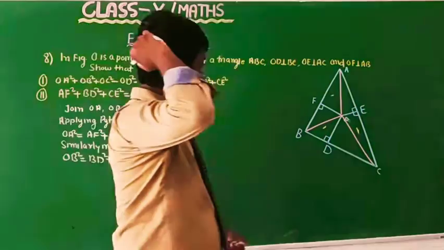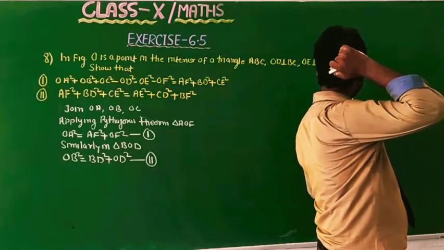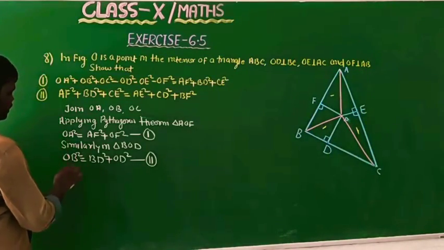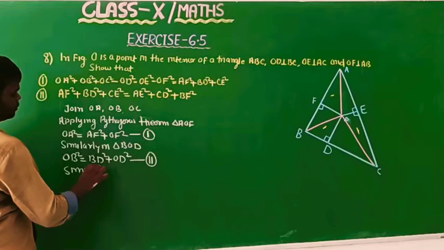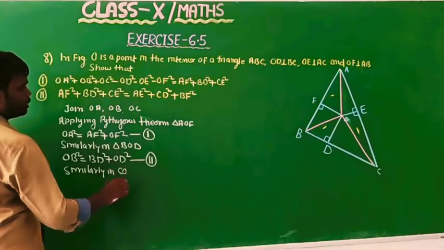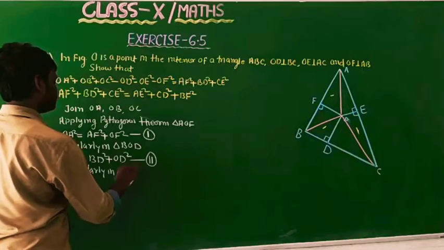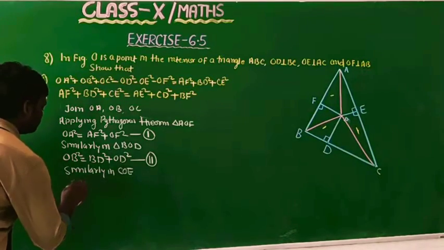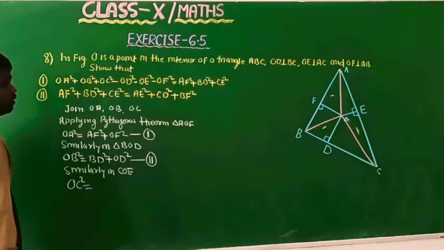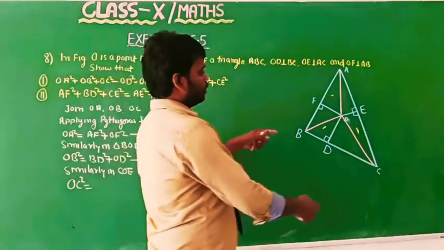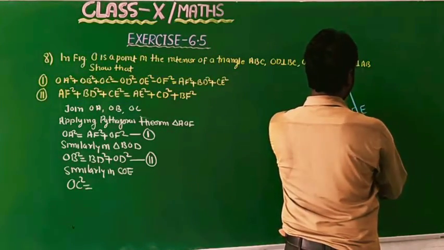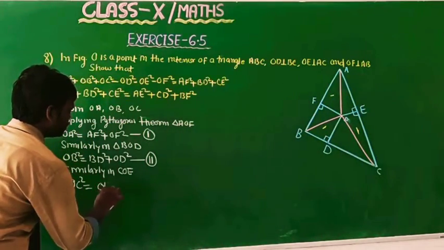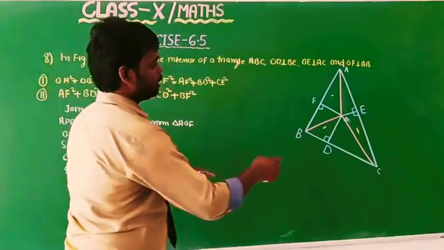And similarly in triangle COE, we obtain OC square equal to OE square plus CE square.